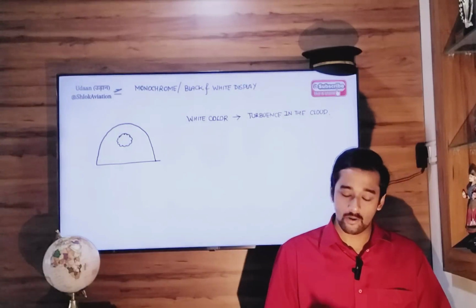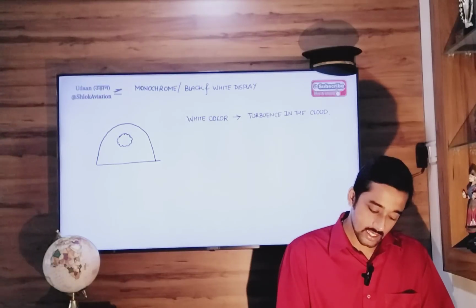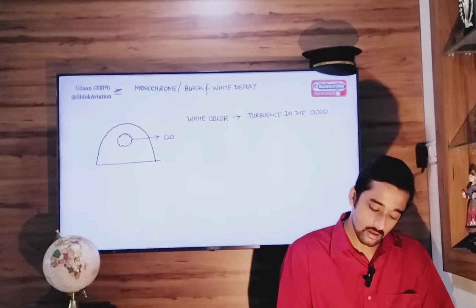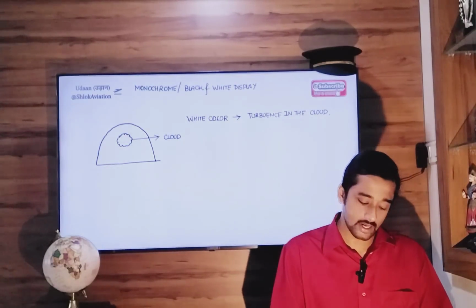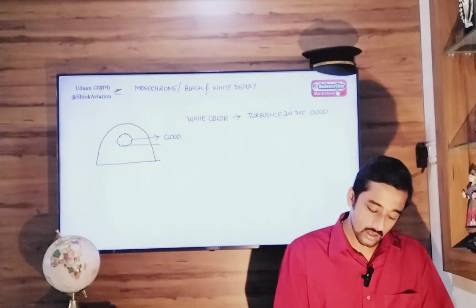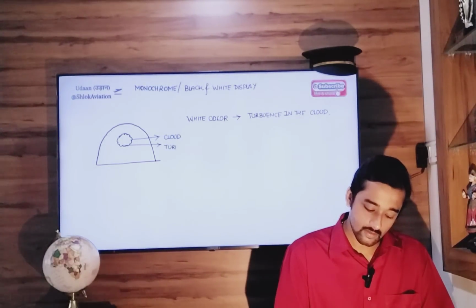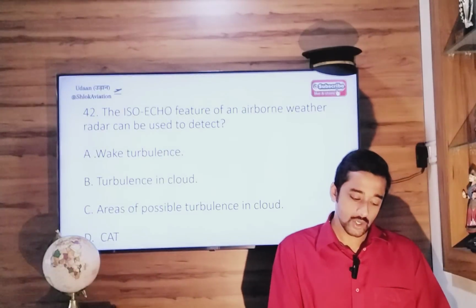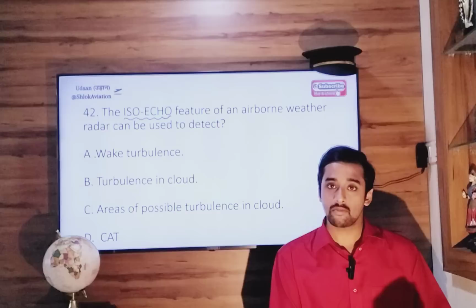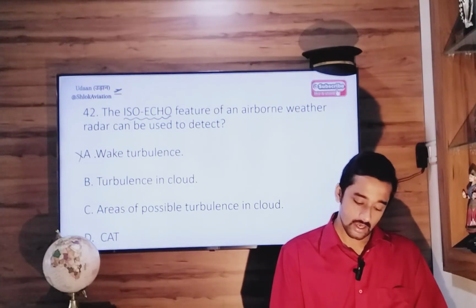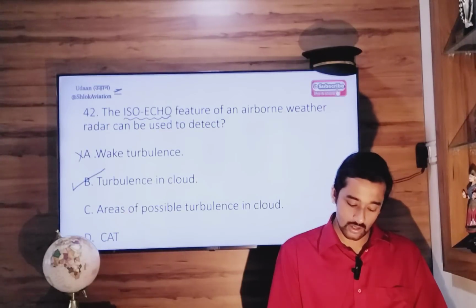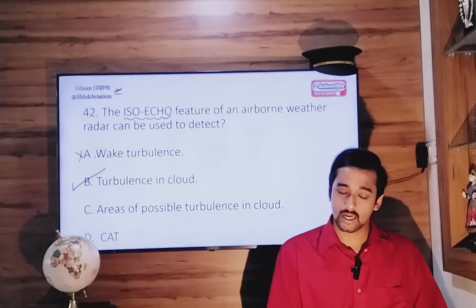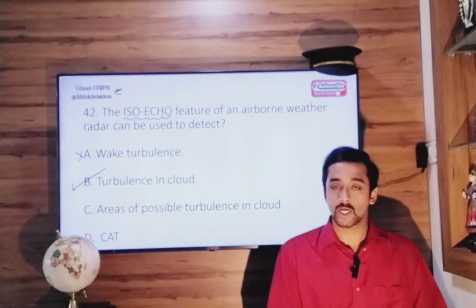This black color boundary is nothing but your cloud, and the white color inside that boundary is where you are going to expect turbulence in the cloud. So remember, the ISO-echo feature of an airborne weather radar can be used to detect wake turbulence? No. Turbulence in cloud? Yes. Areas of possible turbulence in cloud. Clear air turbulence? No. So the correct answer is option Bravo, turbulence in cloud.